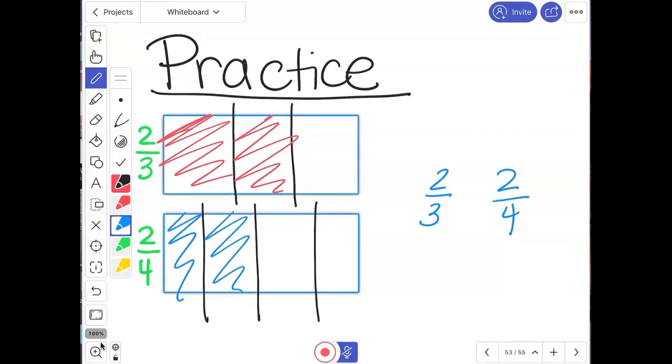Look at that. Do you see how this one is this much bigger? This is a great comparison to show me that a third is larger than a fourth. So 2/3 is more than 2/4, even though 4 is greater than 3.